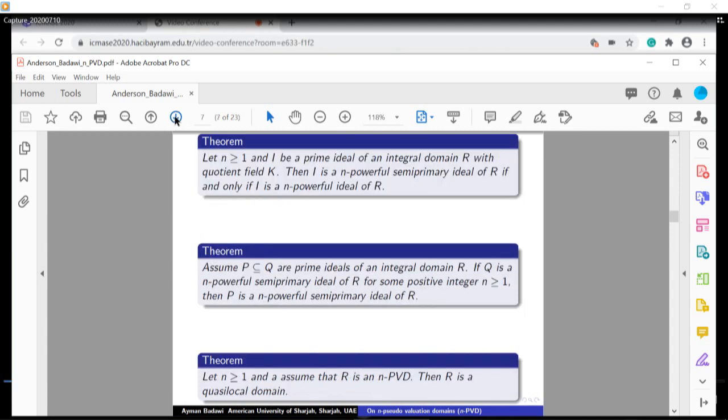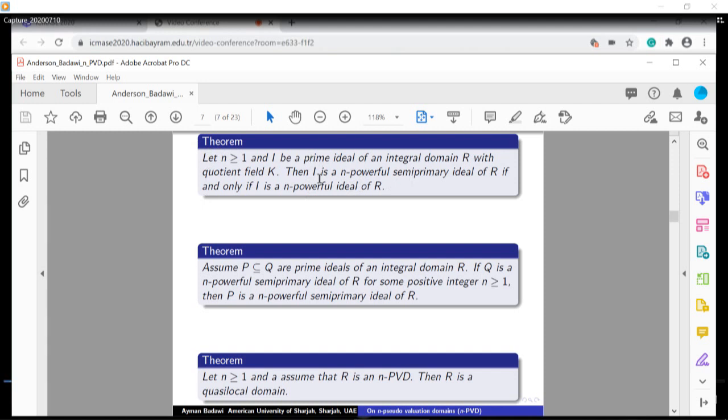All right. Here are some properties of n pseudo valuation domains. Here is one, and that's very nice. Remember the definition: I is a prime ideal and n is bigger or equal to 1. You fix an n, and you assume I is n powerful semi-primary.